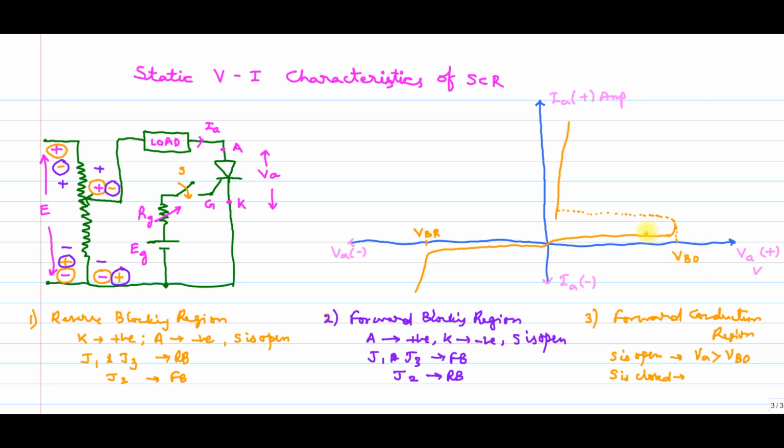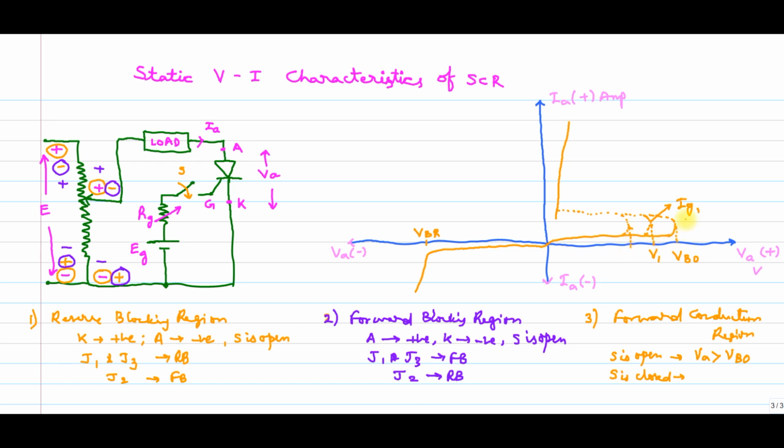That means, for example, if I provide a small amount of current IG1, the device will start conducting before VBO at voltage V1. Similarly, if I increase the current, what is the purpose of this current?